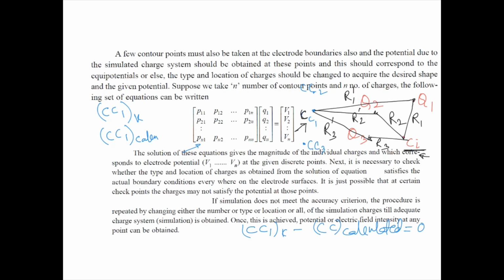So this is going to be an iterative process. These iterations are continued till this error becomes equal to 0. Once this difference becomes equal to 0, then we can say that the magnitude of Q1, Q2 and Q3 which is estimated is correct. So this is all about the charge simulation method.